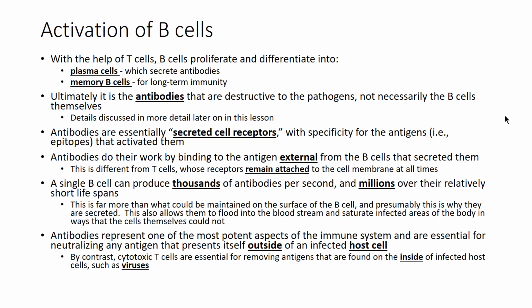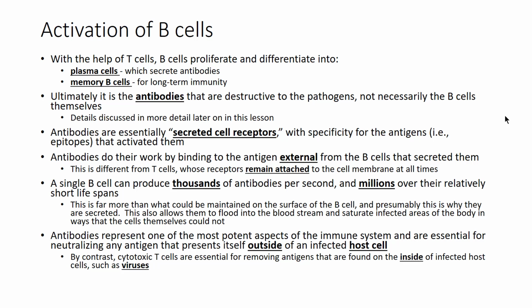However, if a virus is still inside of a cell, such as when it's replicating and using the host cell for replication and protein synthesis, in that location antibodies can't really attack it, and that is where you need things like cytotoxic T cells.